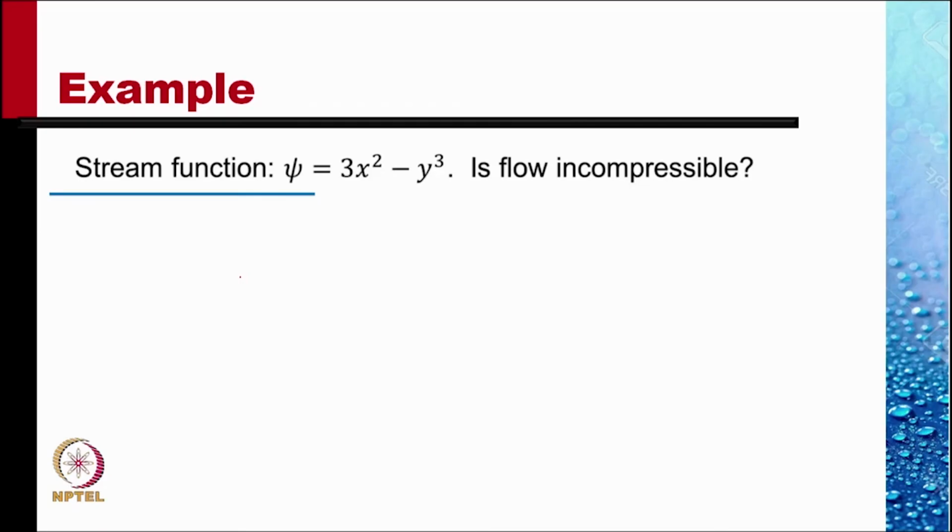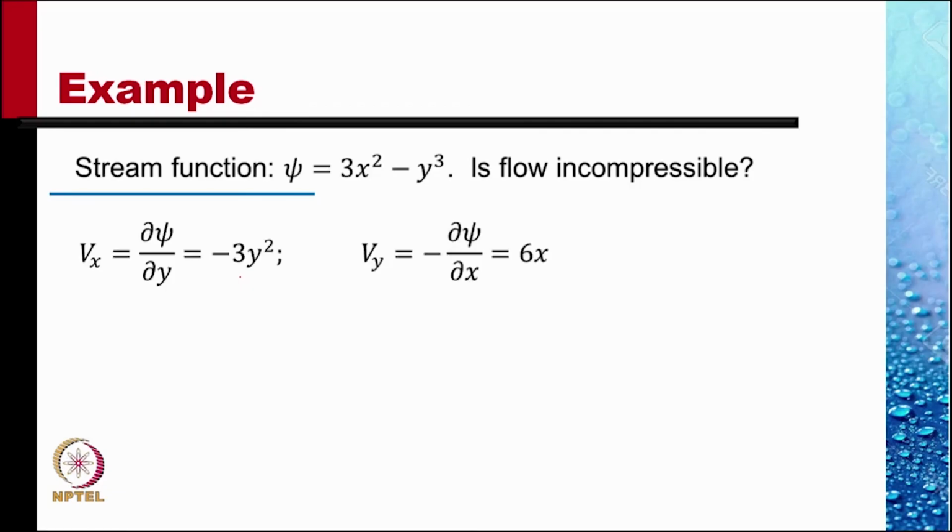Once we know Vx and Vy, we can test with the continuity equation whether they satisfy it or not. Vx is equal to ∂ψ/∂y, which here would be minus 3y squared, and Vy is equal to minus ∂ψ/∂x, and this would be 6x.